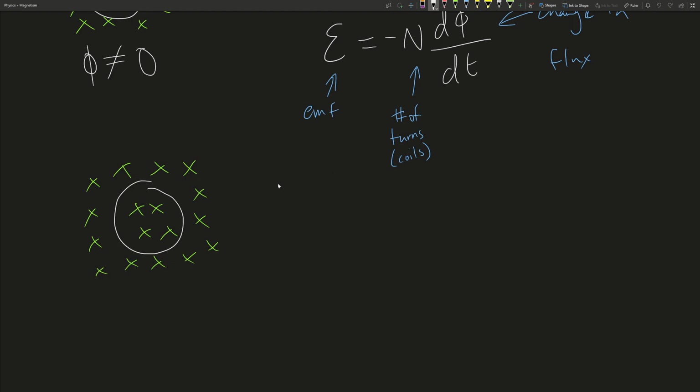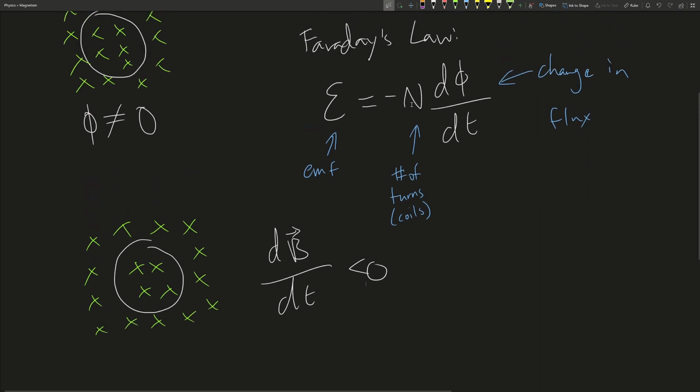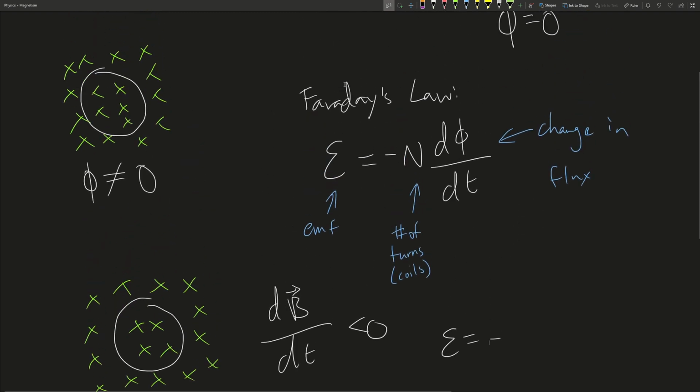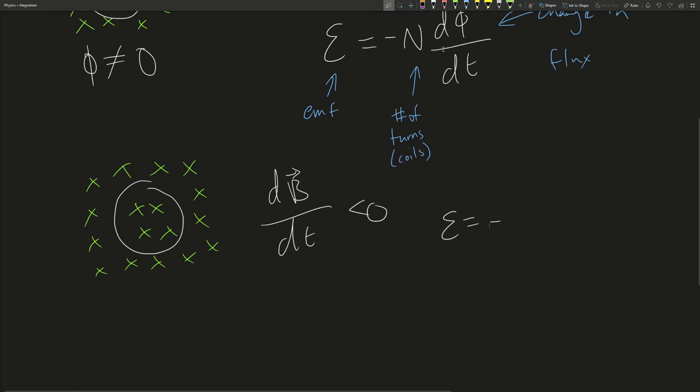And so let's just say the magnetic field is decreasing over time. So the change in the magnetic field over time is less than 0, so it's decreasing. Now we know that there has to be an EMF induced, because EMF is equal to negative n, and we can exclude the n right now because we're only working with one turn, so n is 1, times d flux over dt.